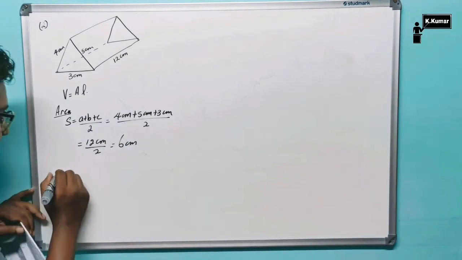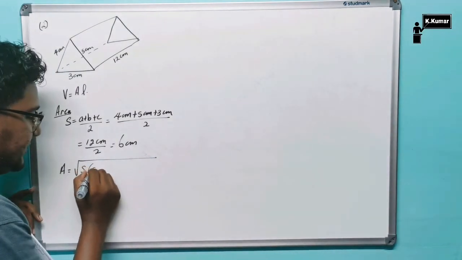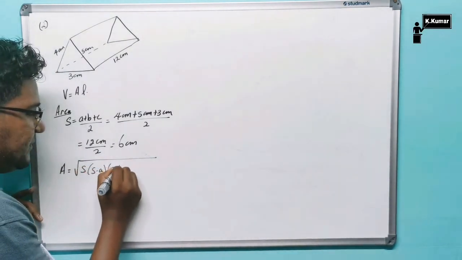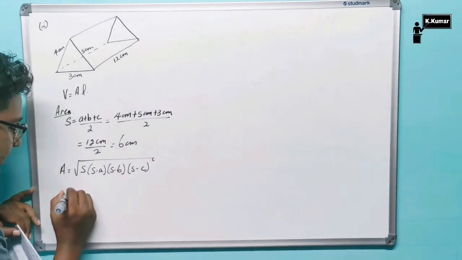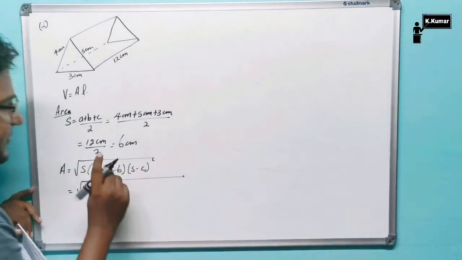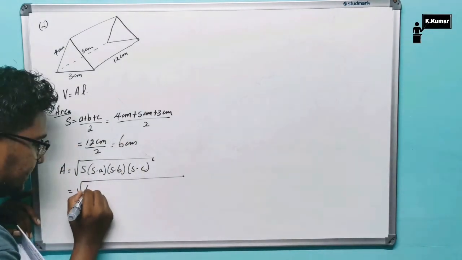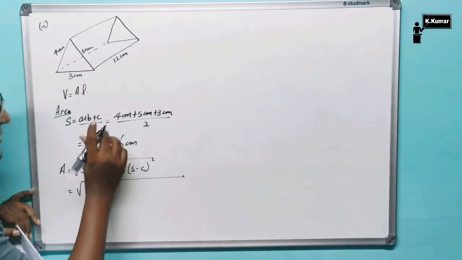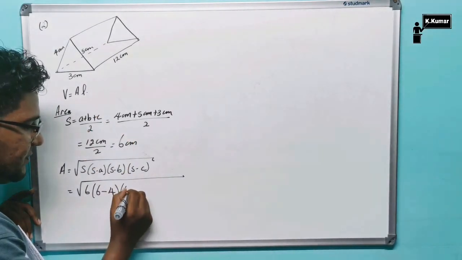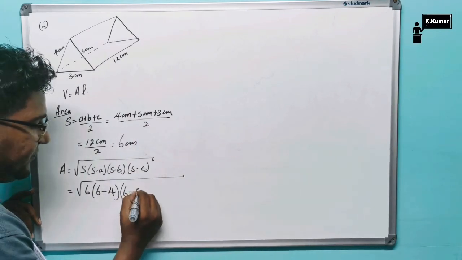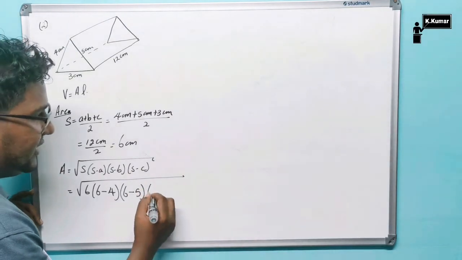Now let's find the area. So A is equal to the square root of S into S minus A, S minus B, S minus C. This is going to be the square root of, I'm going to leave out the cm unit because of space, 6 into 6 minus 4, 6 minus B, which is 5, and 6 minus C, which is 3.